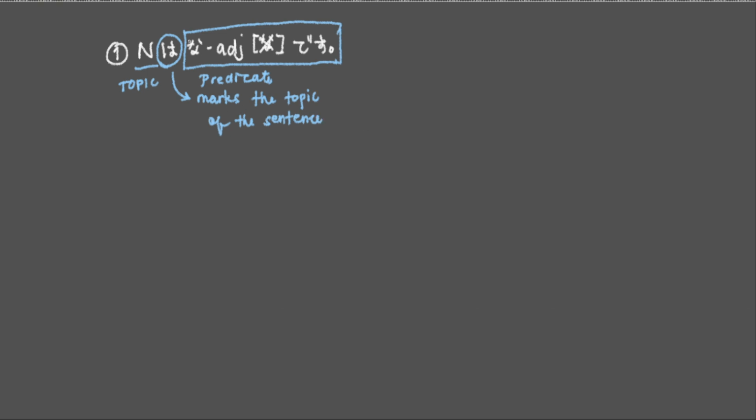I know that this is hiragana ha, but as a particle, it is read as wa. So noun is the topic, wa is the marker of the topic, and then na adjective desu is the predicate. Now predicates usually in Japanese end with this, affirmative wise.